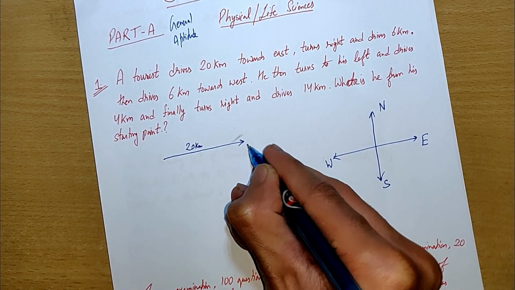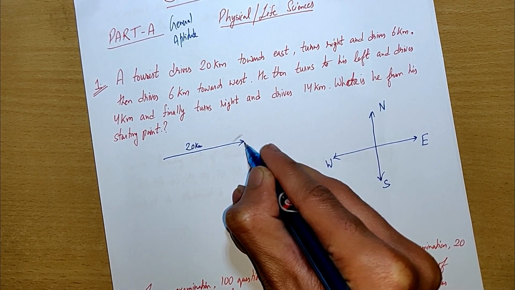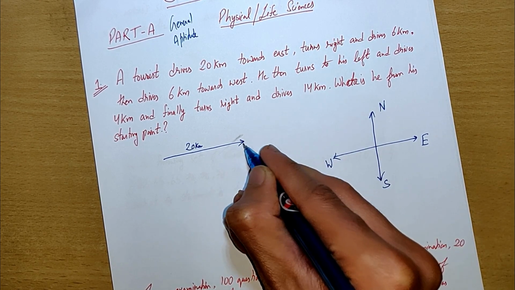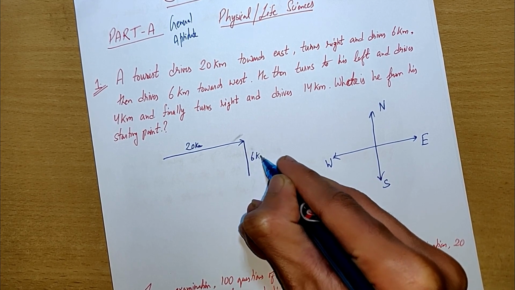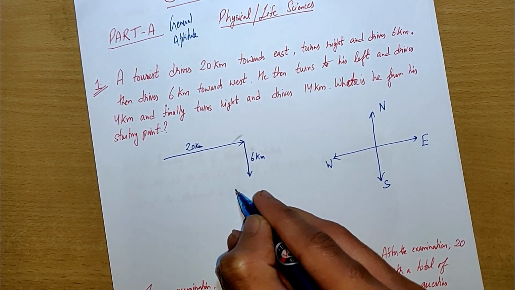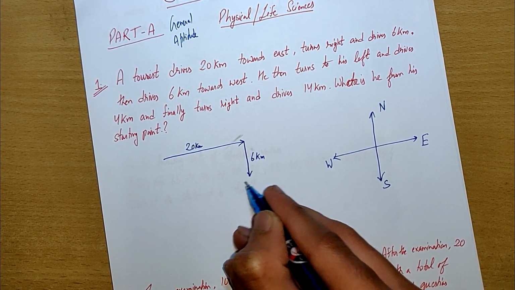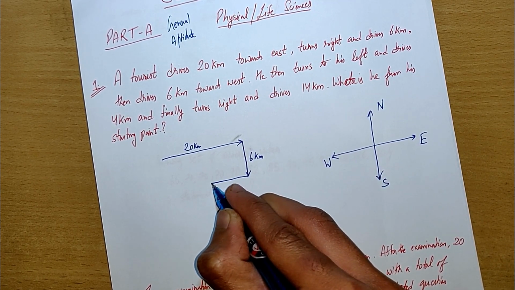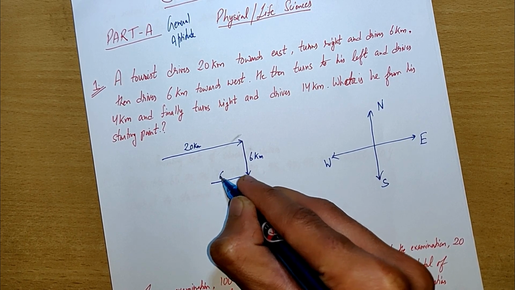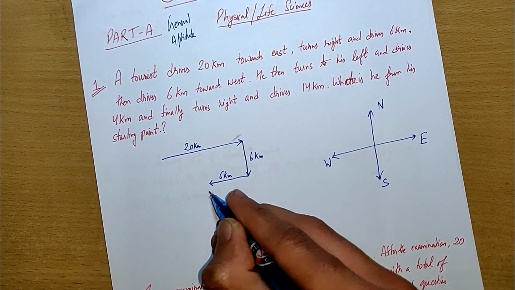So 20 kilometers towards east, and then he turns right and drives 6 kilometers. So 6 kilometers he drives to this side, and then drives 6 kilometers towards west. So west will be this side. So he drives another 6 kilometers towards west.